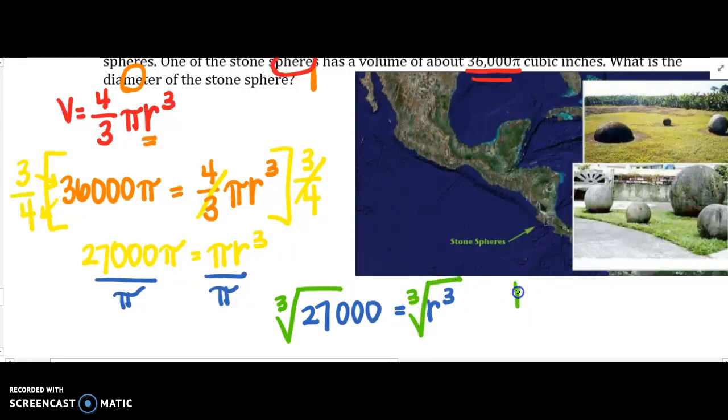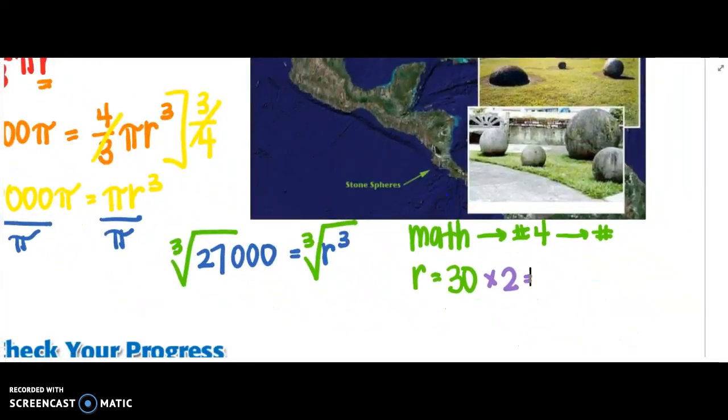If you go to math, and I think it's number 4, and then you will put in your number and push enter. You get your radius to become 30, and to get my diameter, what it's asking me for, I'm going to multiply it by 2. So my diameter is 60 inches.